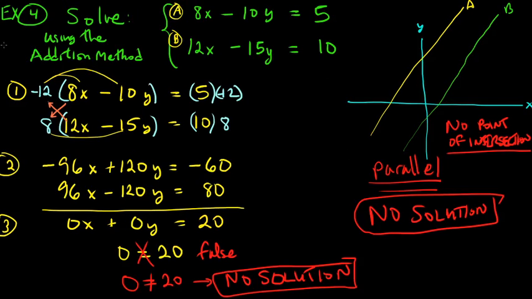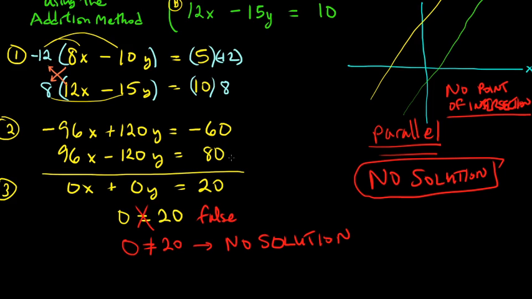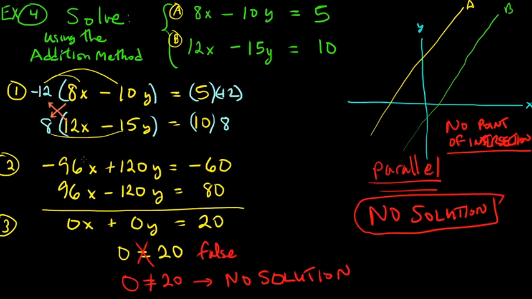And so there's no solution. You would have gotten a similar equation if you tried to eliminate y instead of x. You can eliminate y by multiplying the first equation by 15 and the second equation by, say, -10. Now, going back to step 2, we didn't have to multiply the first equation by -12 and the second equation by 8.